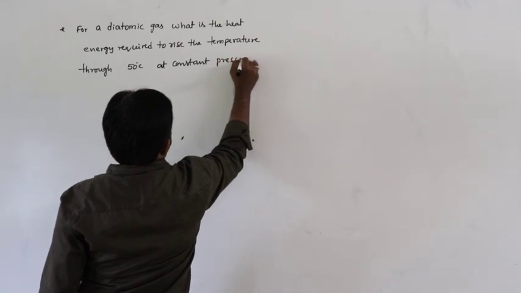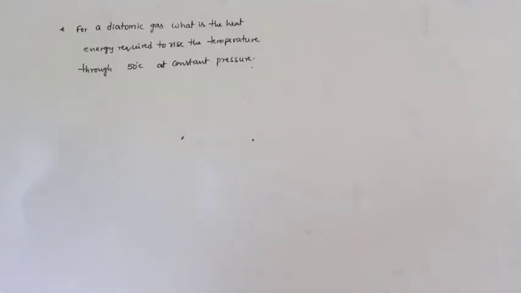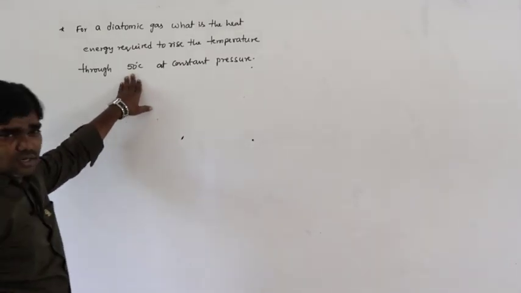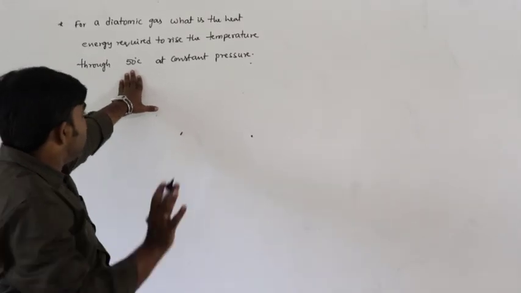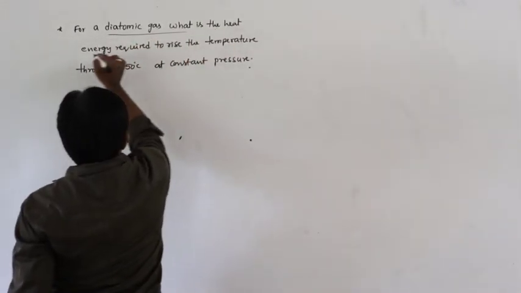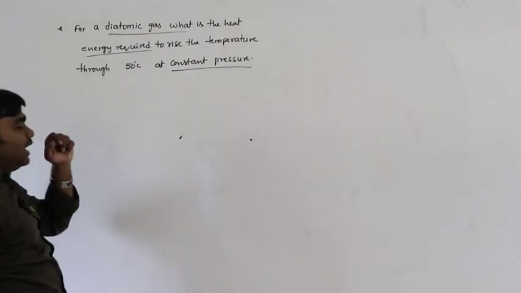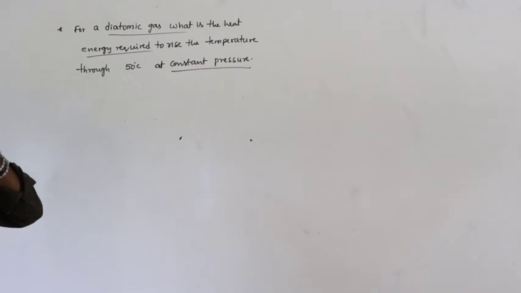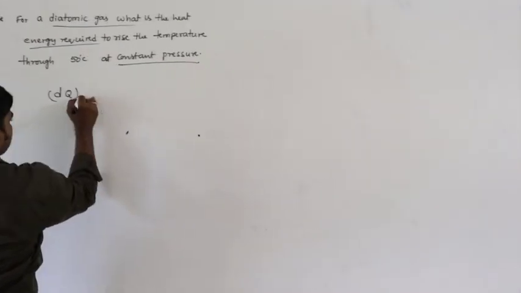So this is the question, only the temperature difference is mentioned, the remaining quantities are not mentioned here. For a diatomic gas, what is the heat energy required to raise the temperature through 50 degrees Celsius at constant pressure? Constant pressure, that means we have to supply heat energy at constant pressure.